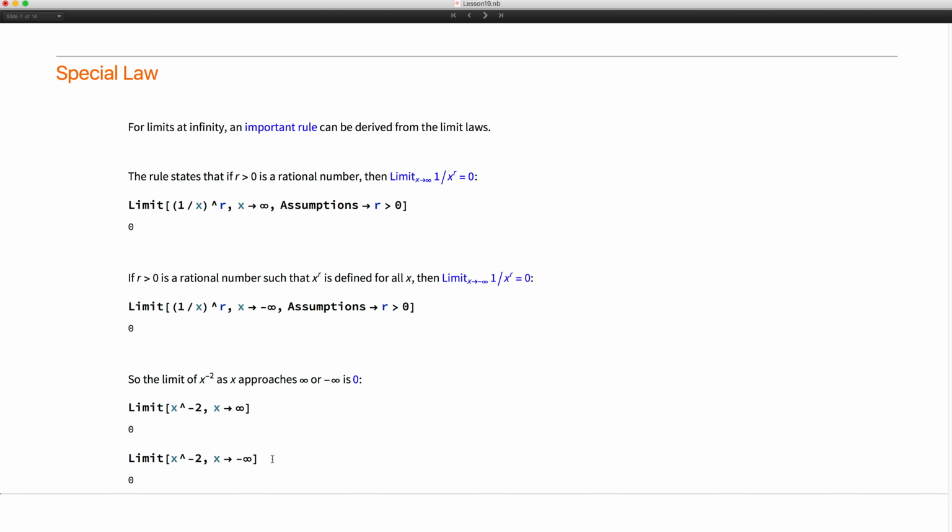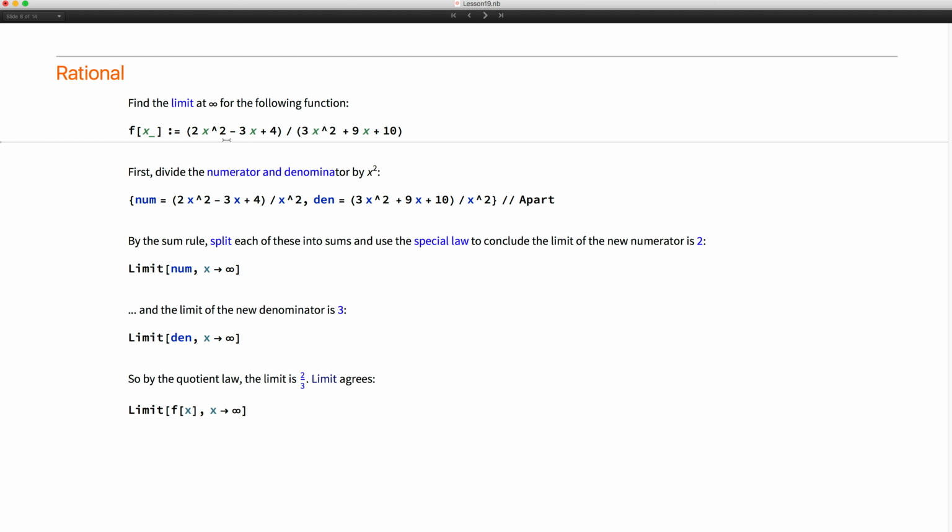As my first example, let's take a rational function. If you want the limit at infinity, then notice that the highest power in the numerator and denominator is x squared. So you divide by that and use a function called Apart, which will break apart the expressions.